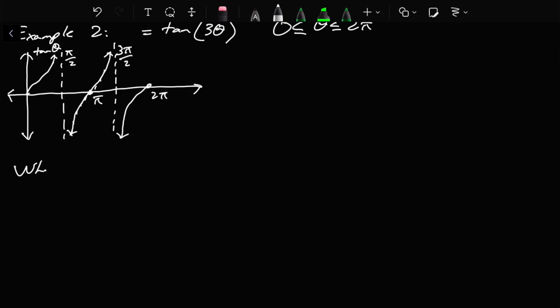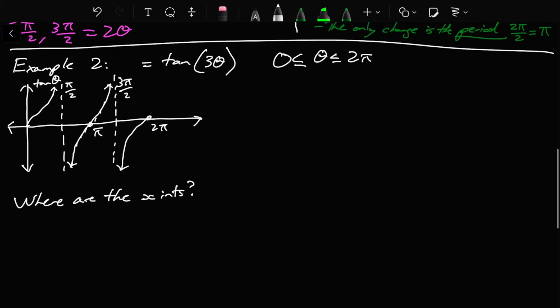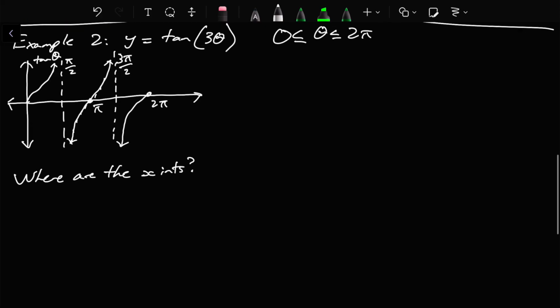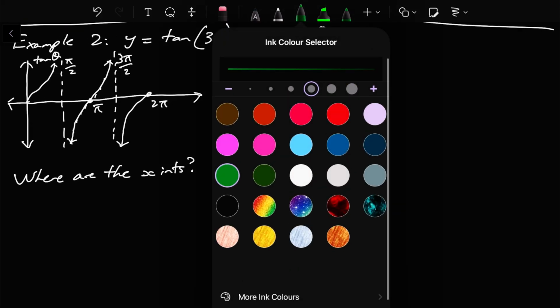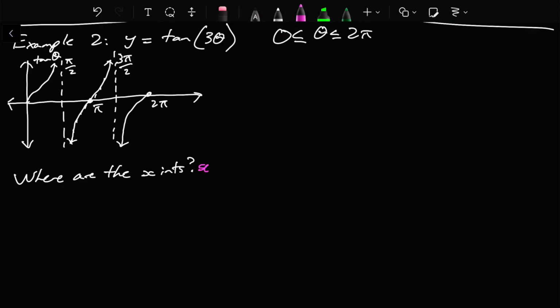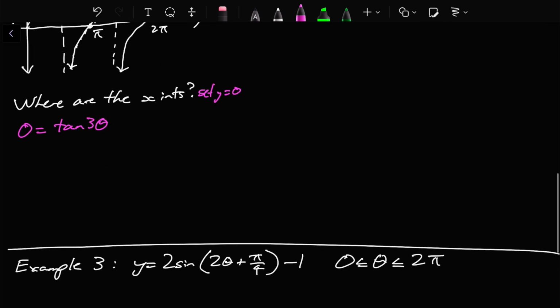All right, so now we can ask, where are the x-intercepts? I always have trouble with tangent. We set y equal to 0. Nothing changes. So we get 0 is equal to tan of 3 theta. Then tan inverse of 0 is equal to 3 theta.